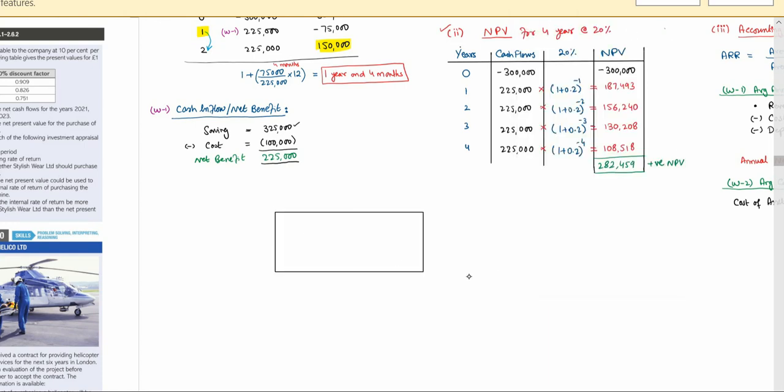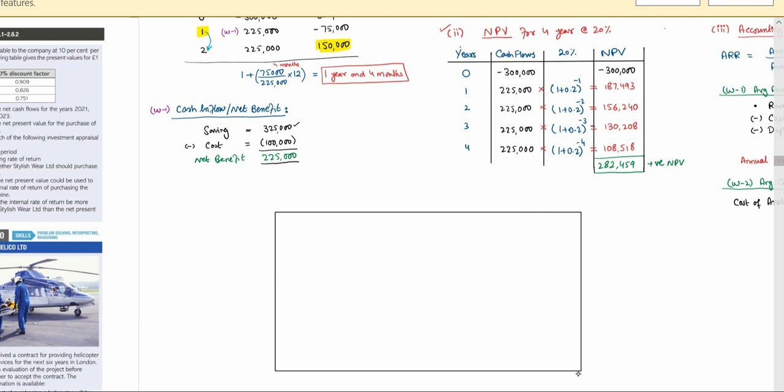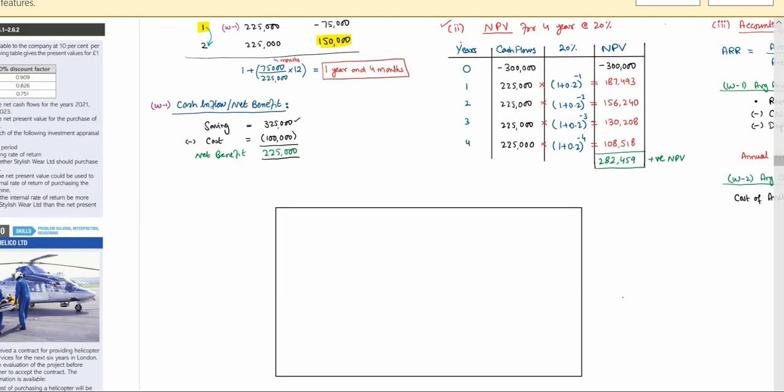For comparison, I just make some charts, where we draw the ARR, then net present value, then the payback period.